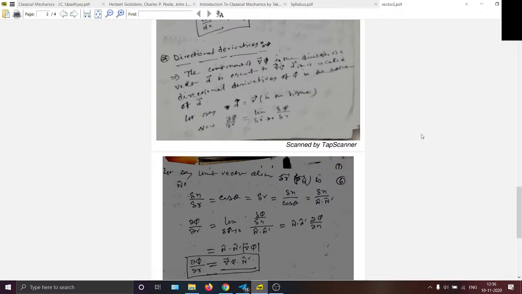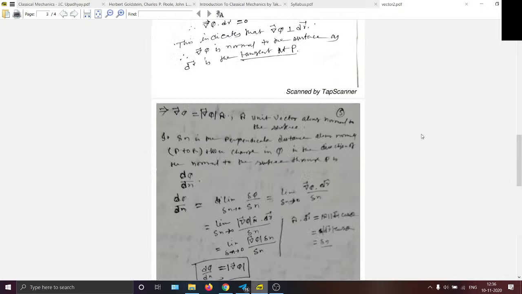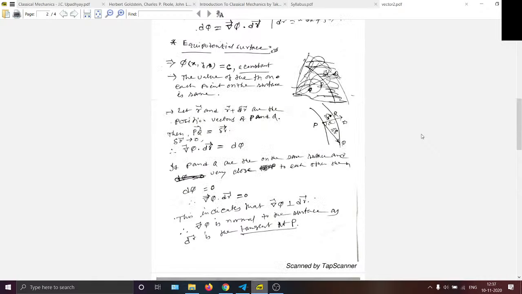Now let's say you have r, which in the figure is along PQ.